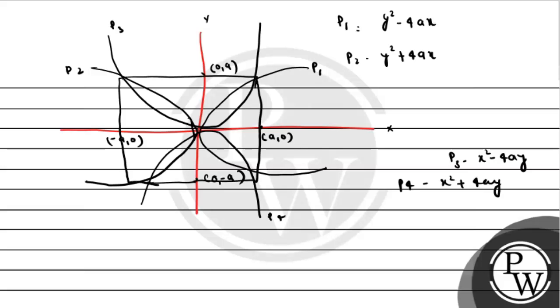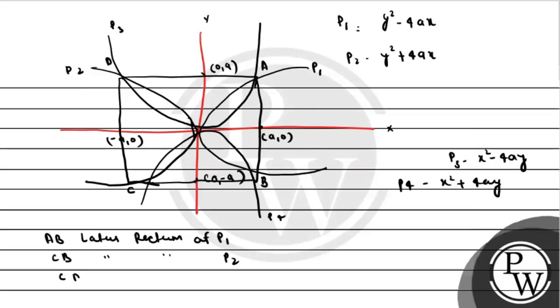Okay, so these are the latus rectums. AB latus rectum. Okay, then CB latus rectum and CD latus rectum. So whose latus rectum is AB? AB latus rectum of P1. Similarly, CB latus rectum of P2.